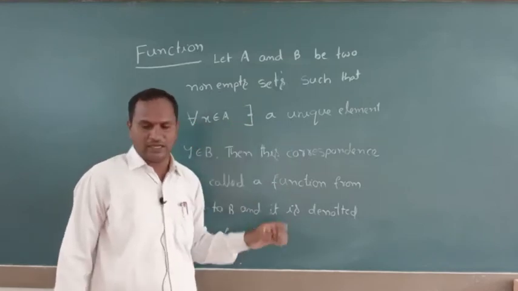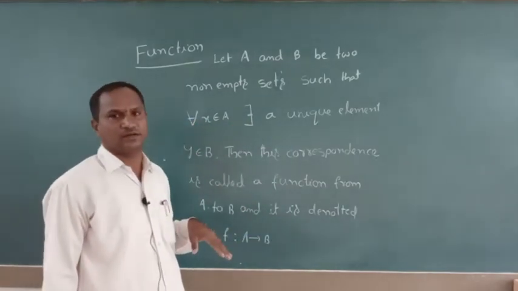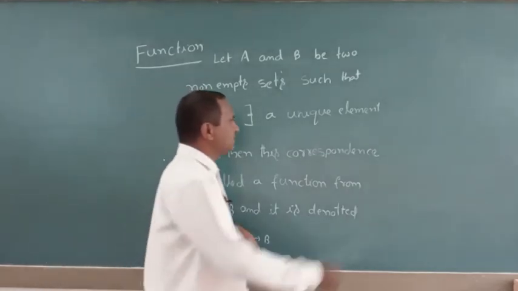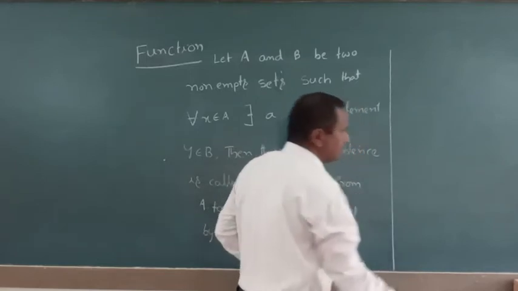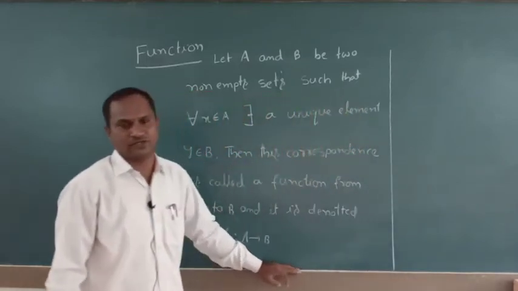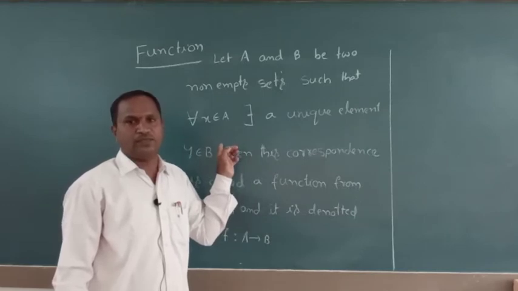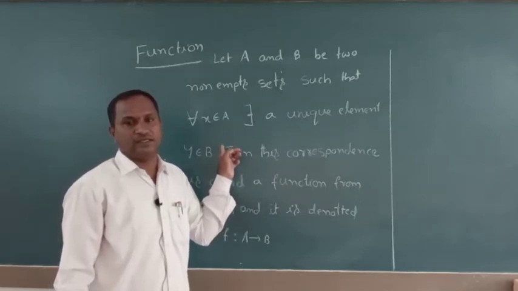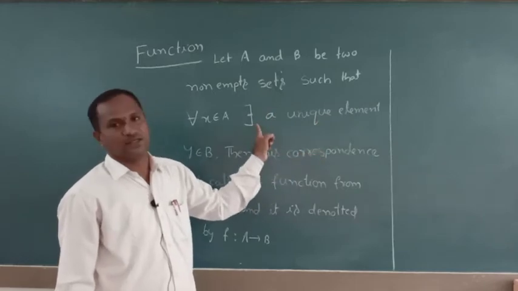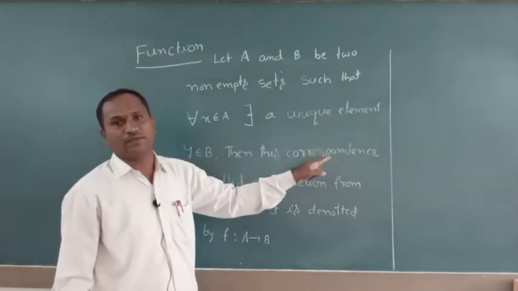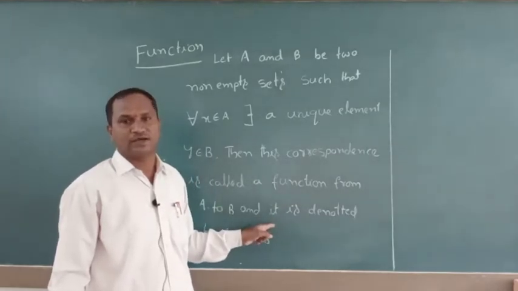Diagrammatically I am showing here the definition of the function. Easily we can analyze and understand the definition of function. Every element of set A is associated to a unique element of set B. Then this correspondence is called a function.